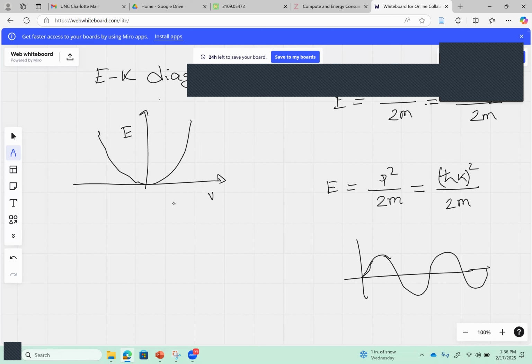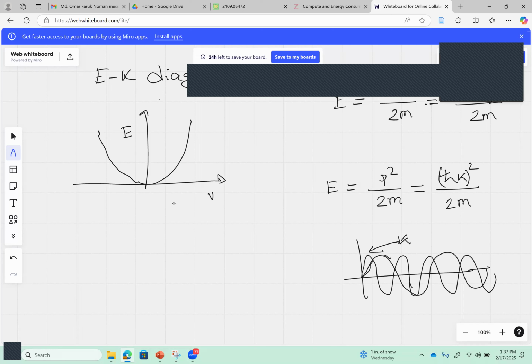That defines the value of k. If it varies very fast, for instance, let's consider two different waves, one moving very slow and one moving very fast in space, then the faster the variation, the bigger the value of k.